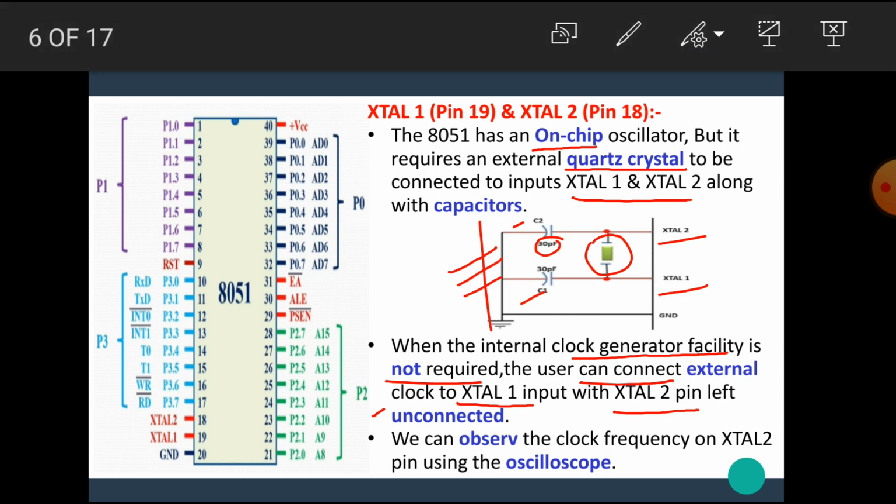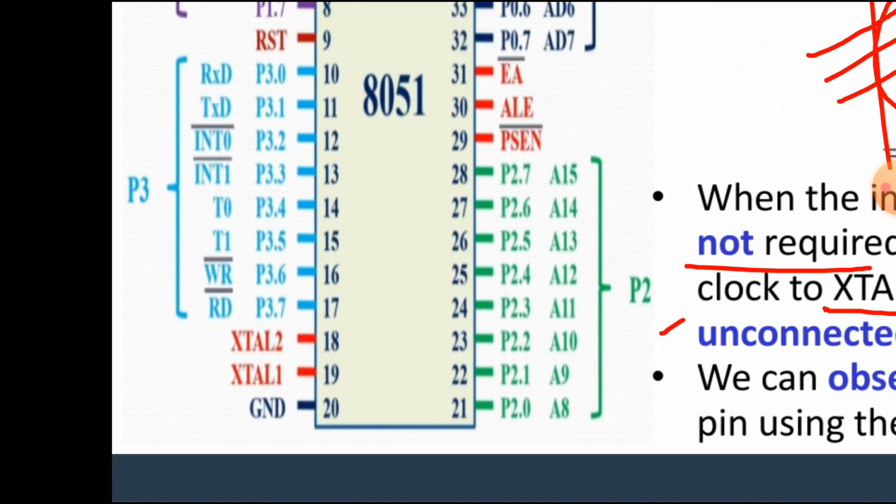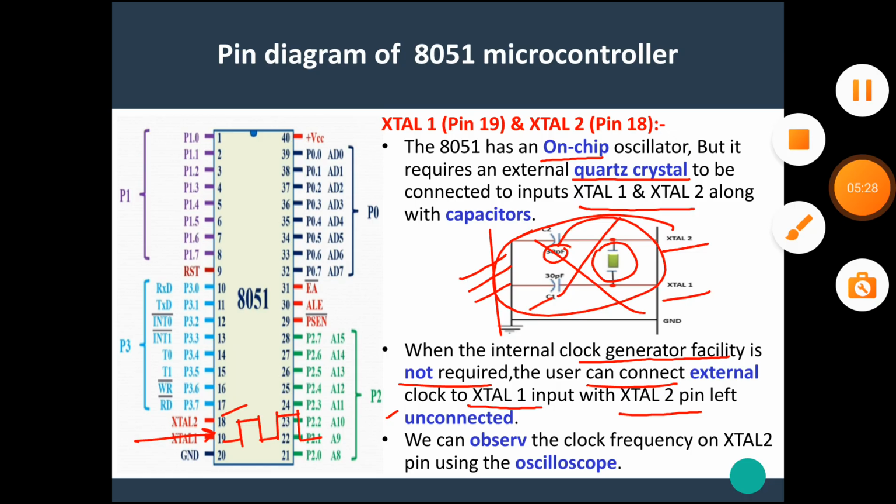That means if any user doesn't want to use this circuitry, then he can easily connect an external clock source to the XTAL1 pin. The external clock pulse means a square wave from the signal generator, and he can observe this square wave or clock on the XTAL2 pin by using an oscilloscope.